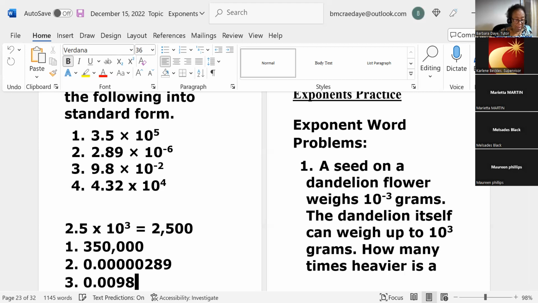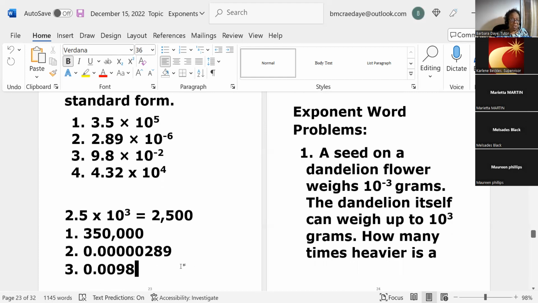And then 98. But if you move the decimal point, it needs more zeros. Why would you need more? Because this is 10 to the -2. So what would be the answer?